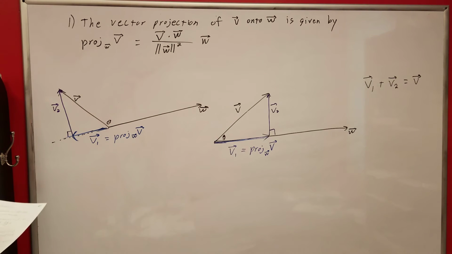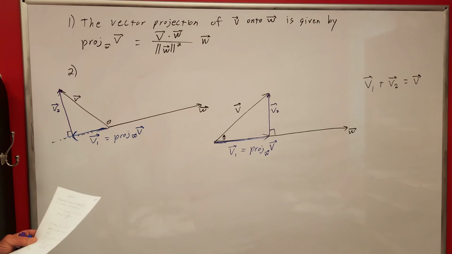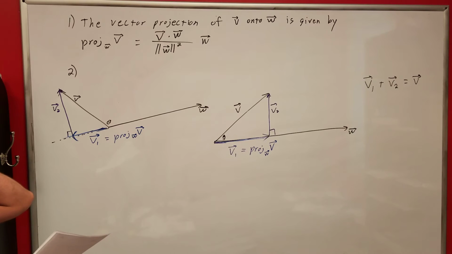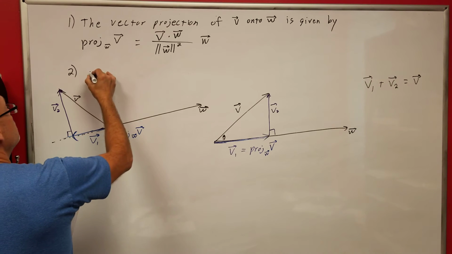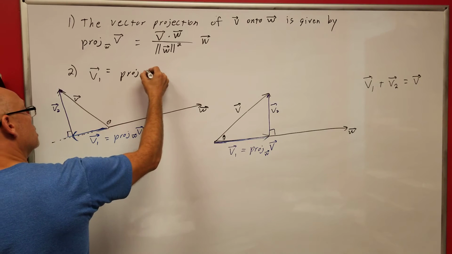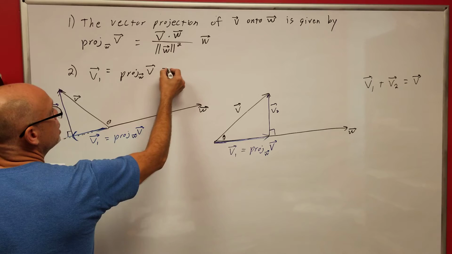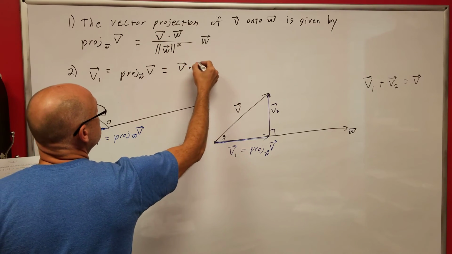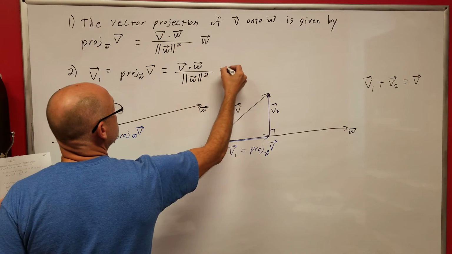Then for number 2, they say to decompose v into vectors v1 and v2 parallel to w and orthogonal to w respectively, we have v1 equal to the projection of vector v onto vector w, which in number 1 was v dot w over the magnitude of w squared times vector w.